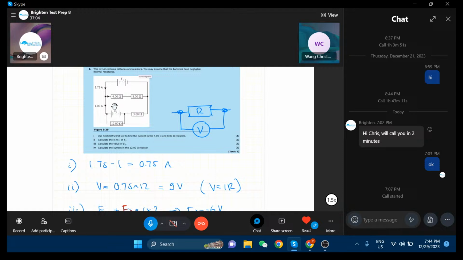And what is the potential difference across this one? It has to be the same as this one, has to be the same as this one, right? Yeah. So that's why when we take this one, we take V equals I times R.